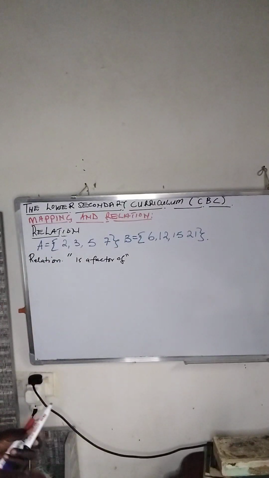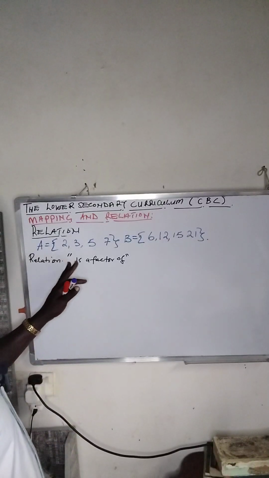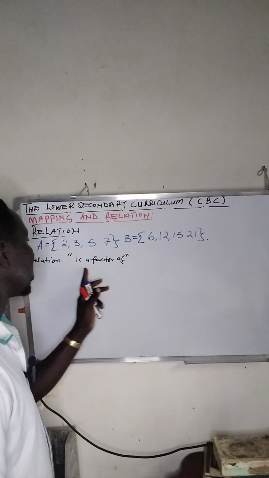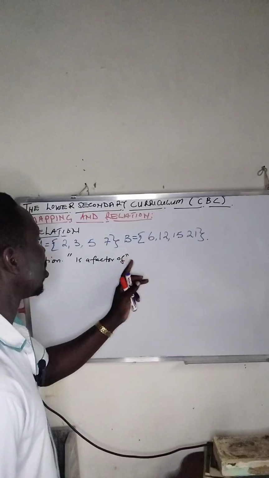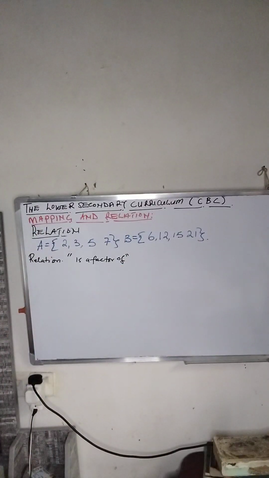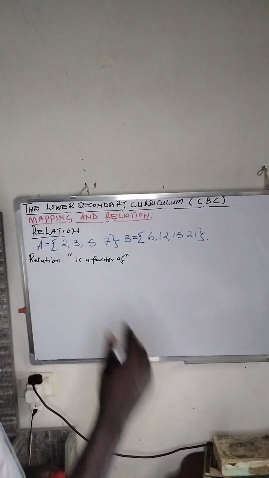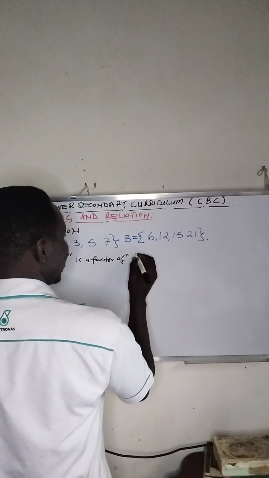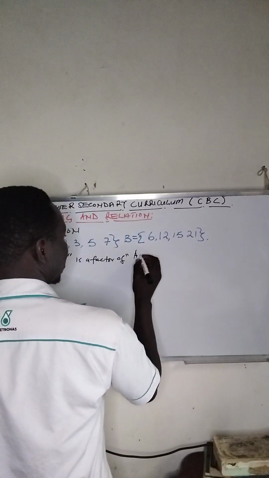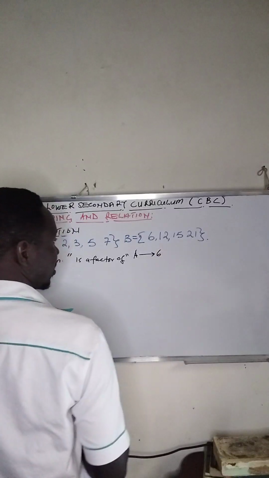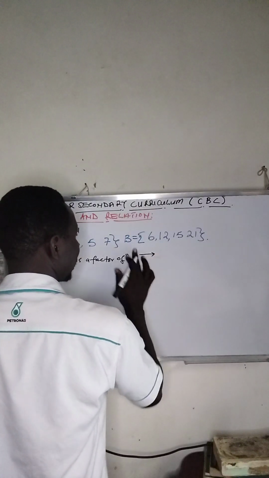Now we can say set A, we are going to identify the members here and we are going to group them by what they are a factor of. Before we go any further, how do we define this? There are two statements here.